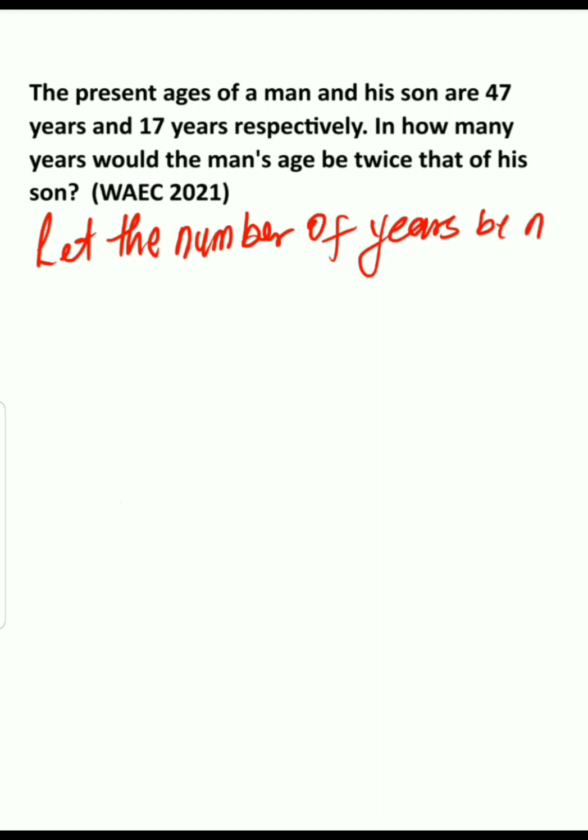As a man's age is increasing, the son's age is also increasing. And so, in how many years' time, that is in future, in how many years would the man's age be twice that of the son? That is 2 times the age of the son. The present age of the man is 47, and the present age of the son is 17.